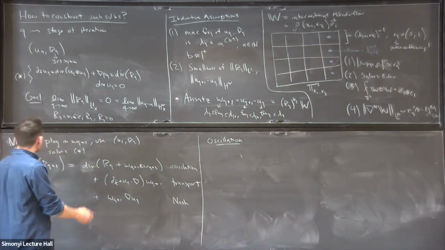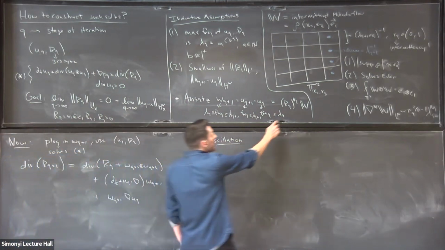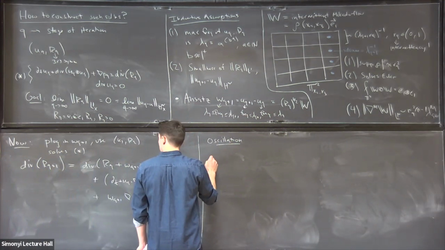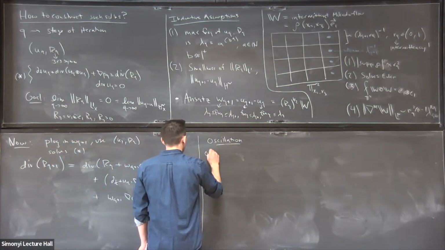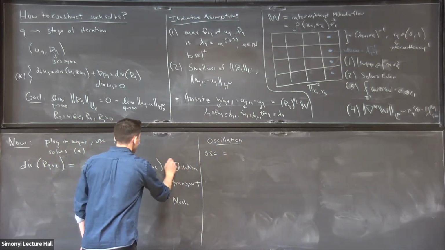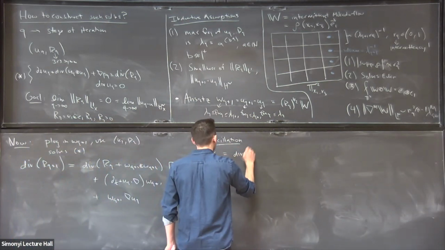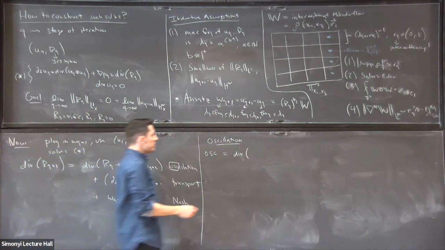All right, so I'm just going to plug in what I know about R_q and what I know about W_{q+1}. And I get that the oscillation error, if you will, is equal to, so I said that this was equal to E1 tensor E1 times R_q.